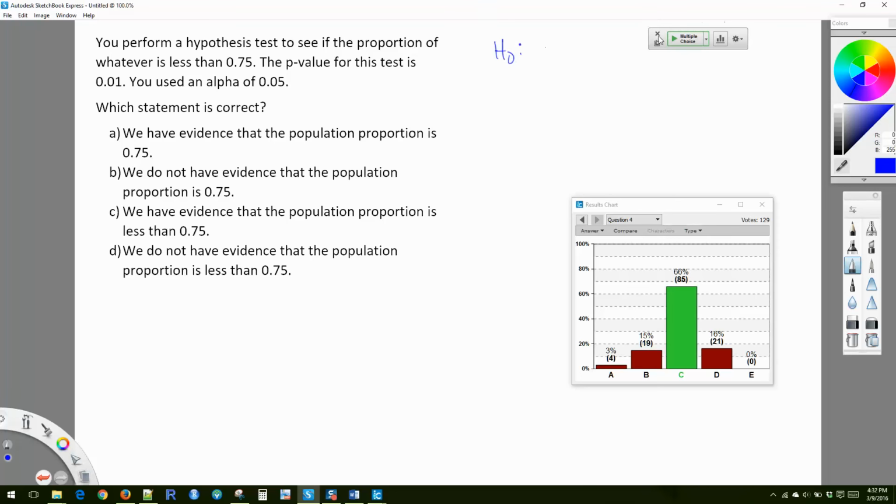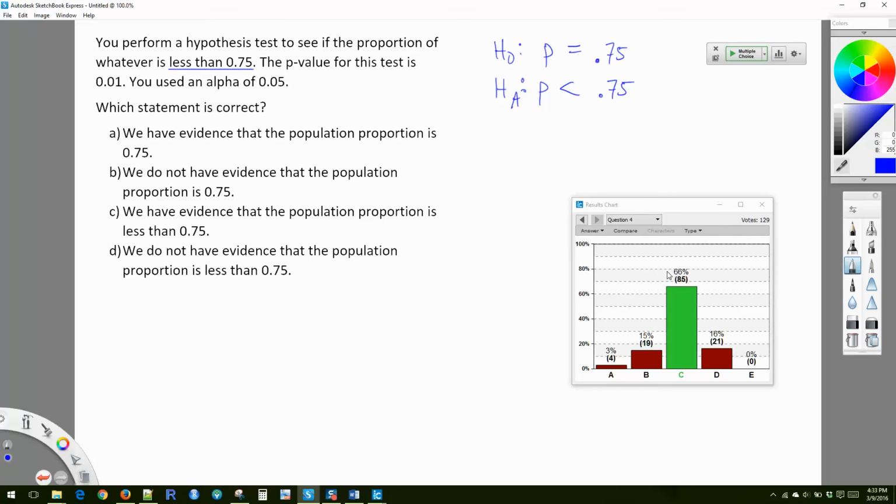The null hypothesis always has an equal sign in it, right? Here we're talking about a proportion, so we've got p, and we're going to test to see if the proportion is less than 0.75. Our null hypothesis always has an equal sign, so we put 0.75 there. And because this says less than 0.75, our alternative must be less than 0.75.